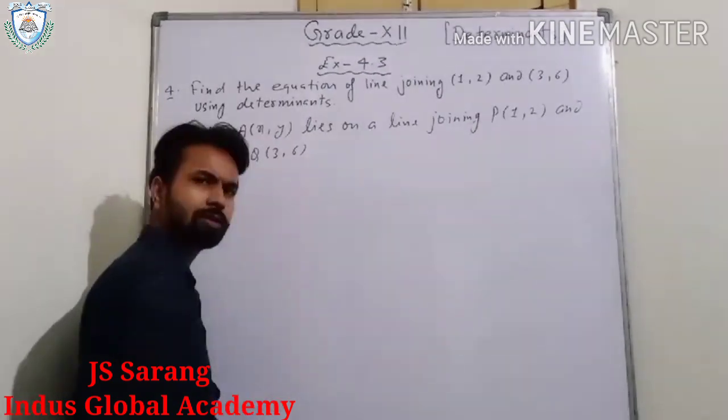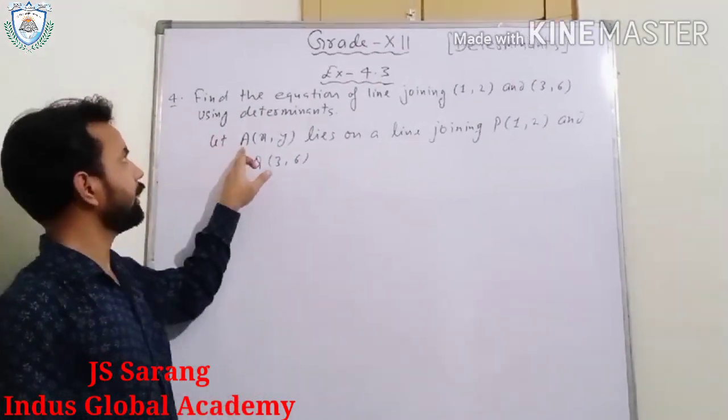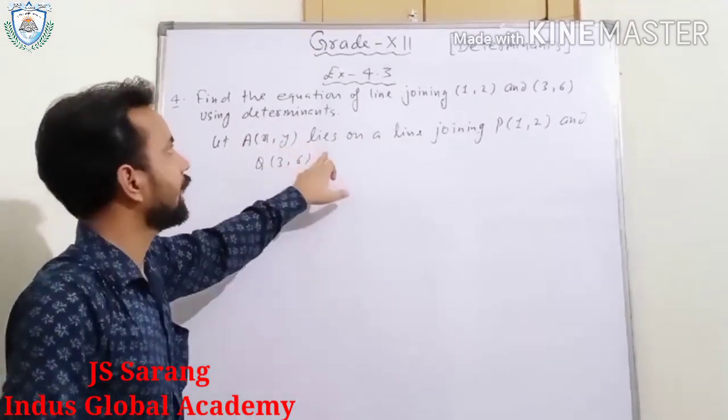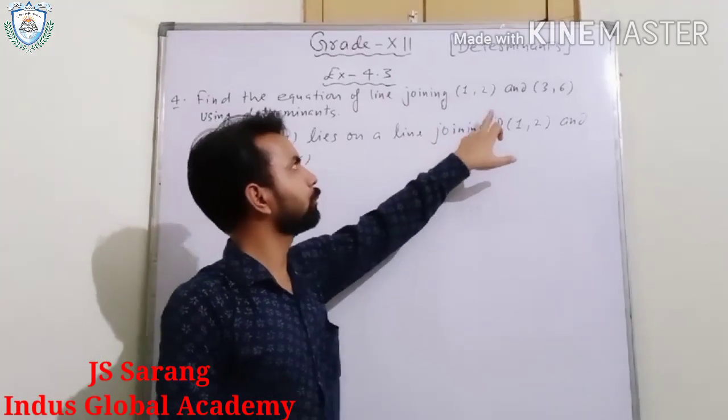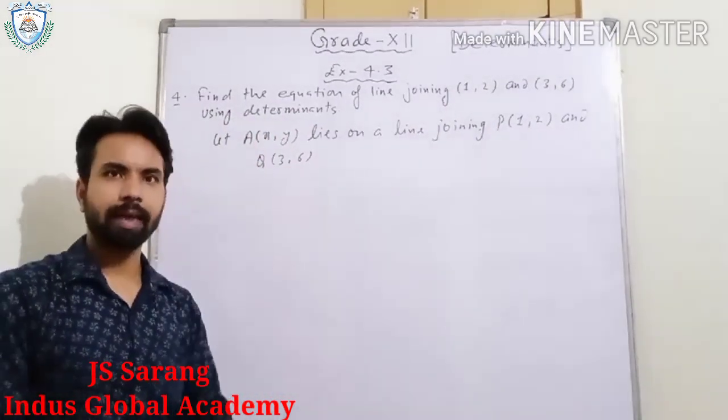Understood? So what I did here, I considered a point A (x, y). That point lies on a line joining the given points P (1, 2) and Q (3, 6).